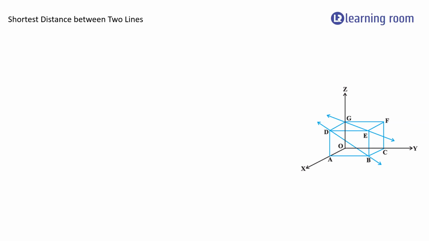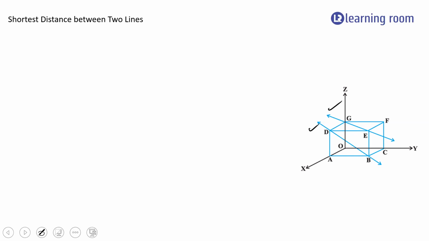Now the next important question is, if two lines are given to us, what are all the different things that we can do? If they ask you what is the shortest distance between two lines, let me take this to be the first line and this to be the second line.